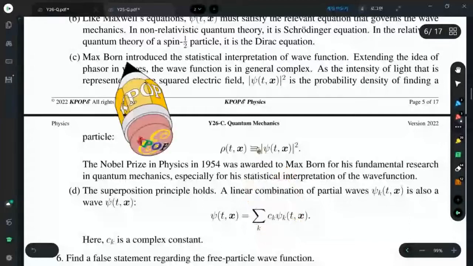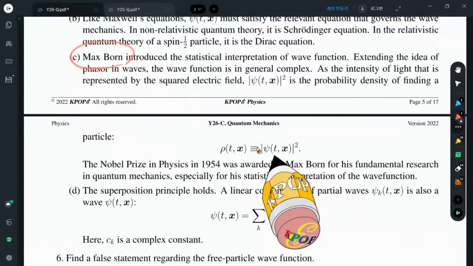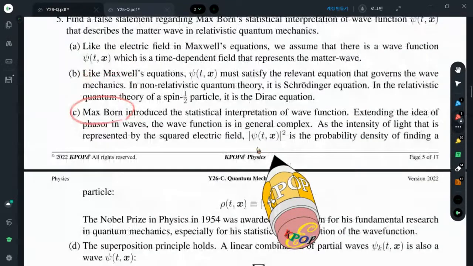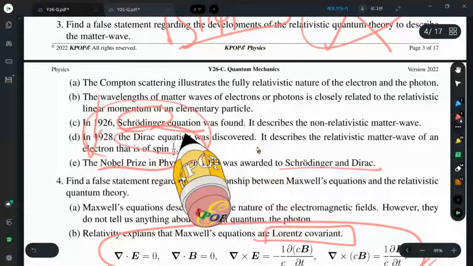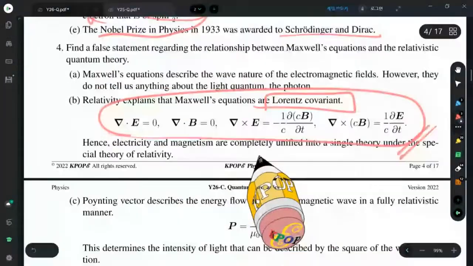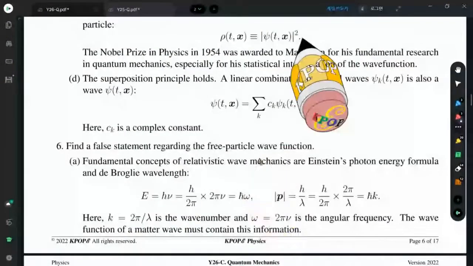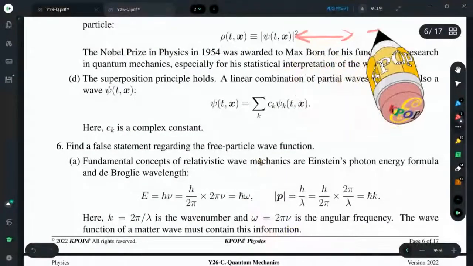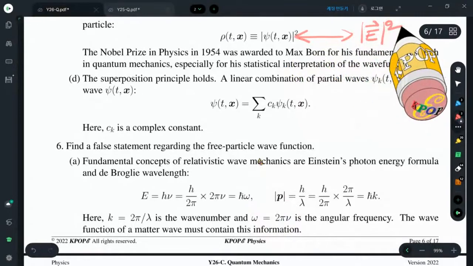Now let us focus on Max Born's idea of treatment of the wave function that is a solution for the Schrodinger equation, that is the wave equation for a non-relativistic particle. It is consistent with the electric field squared.